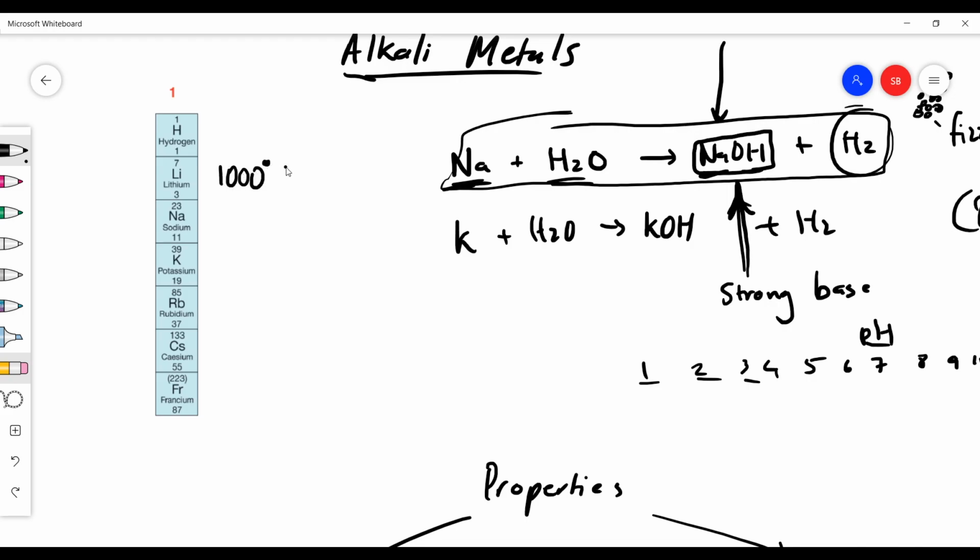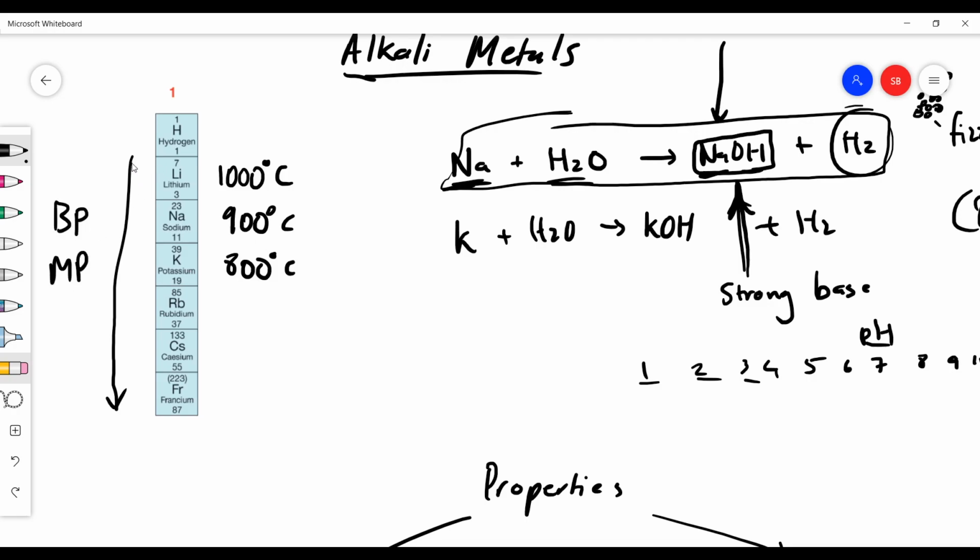If you go downwards, the boiling points will decrease. These are not the correct boiling points, but just to show you a physical property: the boiling points and the melting points decrease the further down you go in the group.